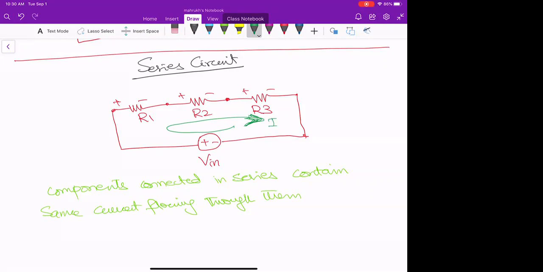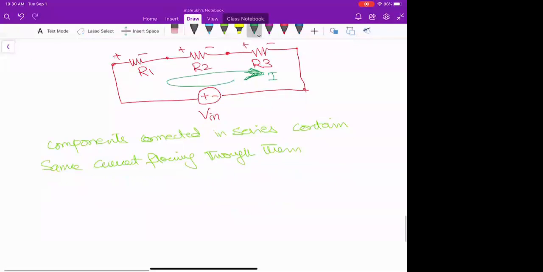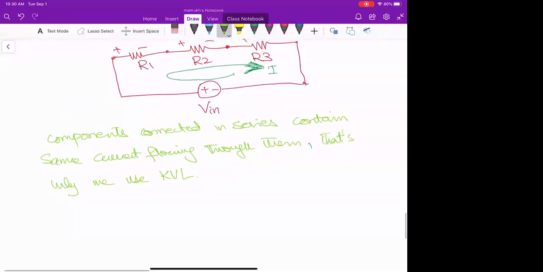So let's define their equation using KVL. And normally in series circuits, we use KVL. That's why we use KVL around them. You will understand why KVL is easy to use in a series circuit, right? Because we are concerned with the voltages because the current is the same. So let's write the equation.